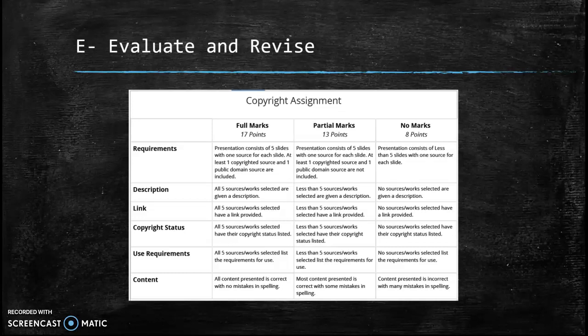Then for revision, a small questionnaire could be given to the students asking how they liked using Google Slides or if they wanted to do something different. Also asking about the quality of the lesson itself, things that they liked and didn't like about it.